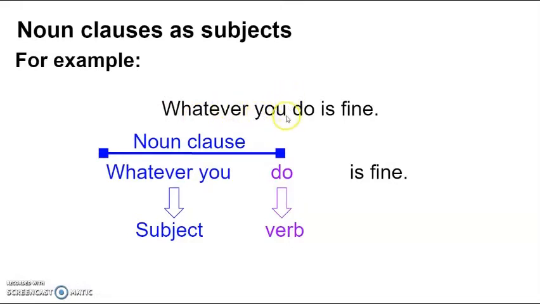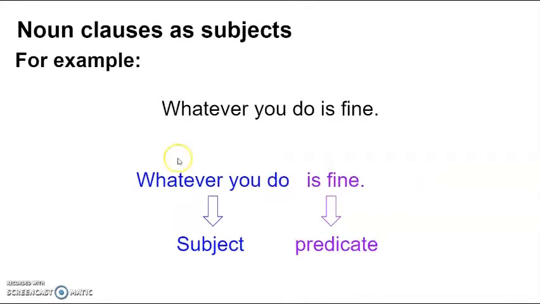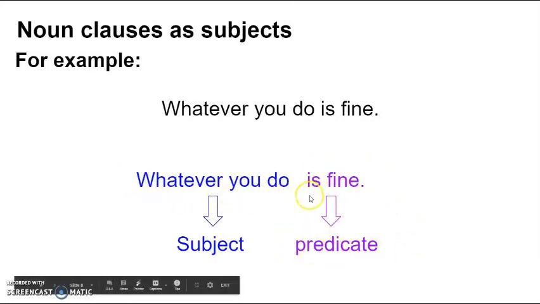So this is a sentence inside a bigger sentence. So whatever you do is the noun clause and is fine is the predicate of that sentence. So whatever you do is fine. All of this is the subject and this is the predicate.